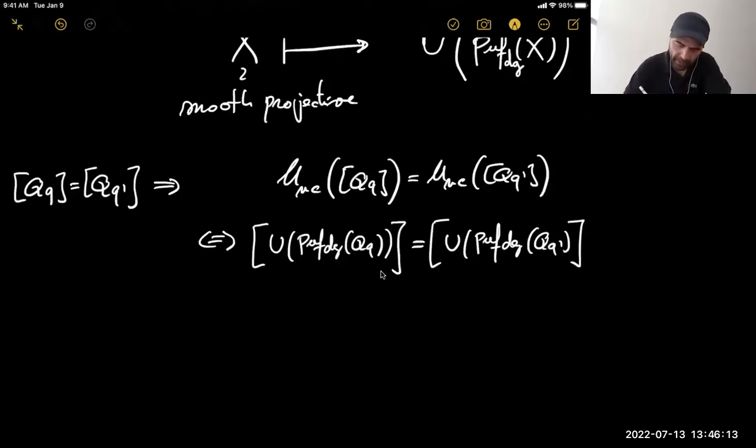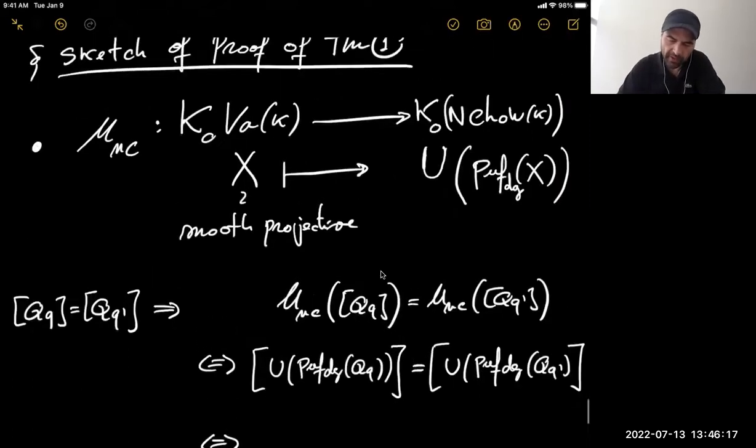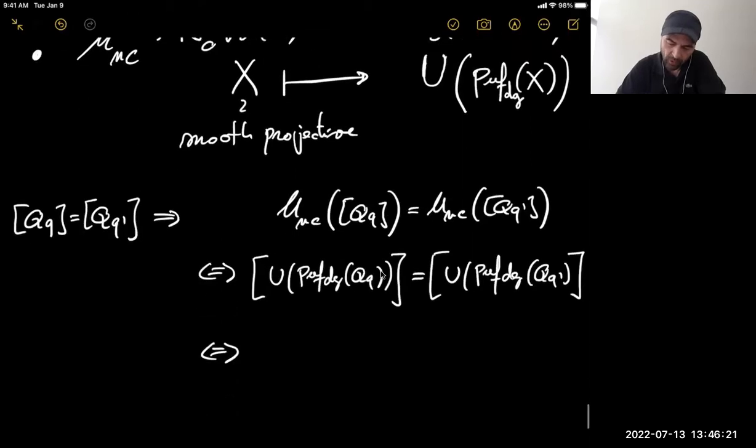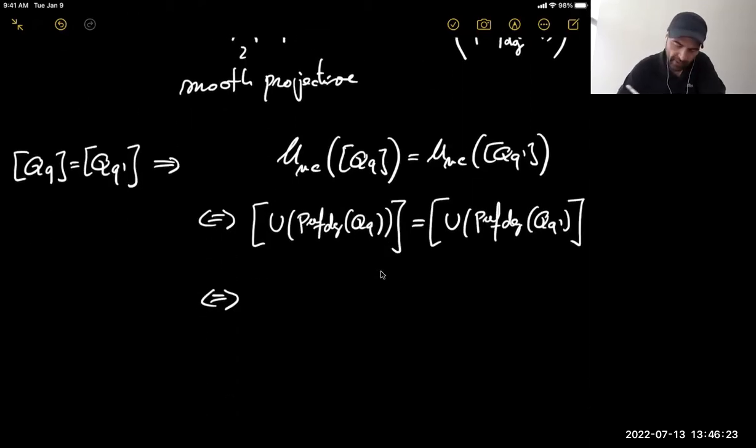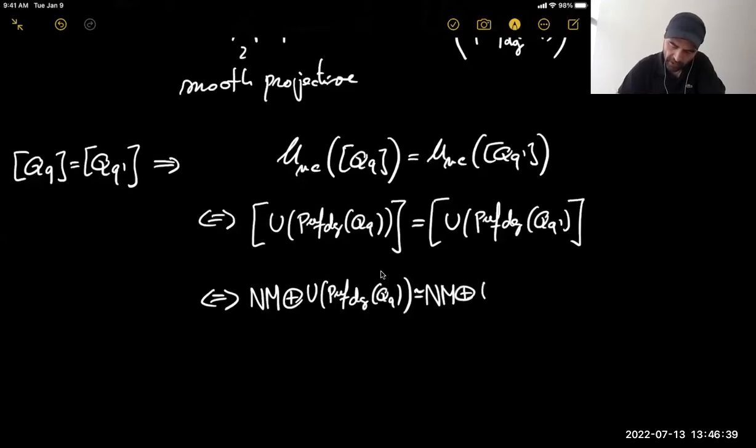Okay, and by definition of having the same Grothendieck class, so this is just a symmetric monoidal category, having the same Grothendieck class means that there exists an object, a non-commutative motive, such that when you add it to this one, you actually get an isomorphism. So they are not actually isomorphic, but they are isomorphic up to adding a certain object.